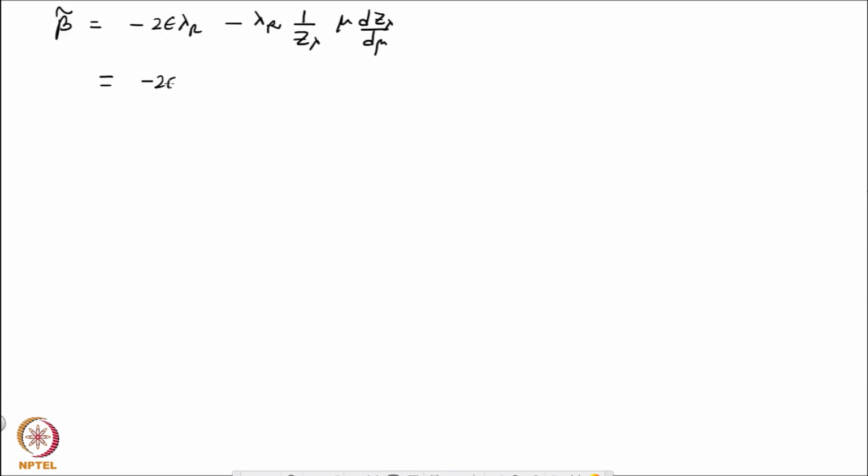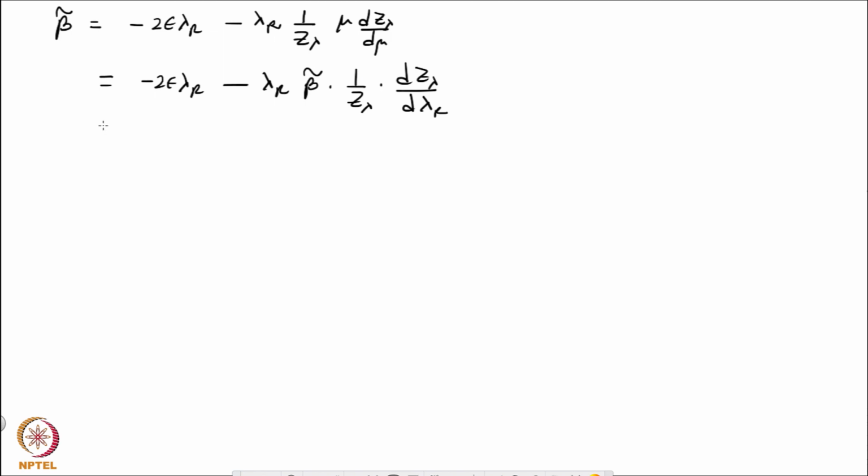So it becomes beta tilde times 1 over z lambda times dz lambda over d lambda r. Okay, not mu.